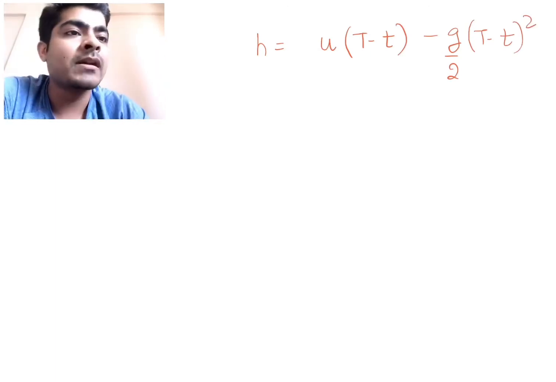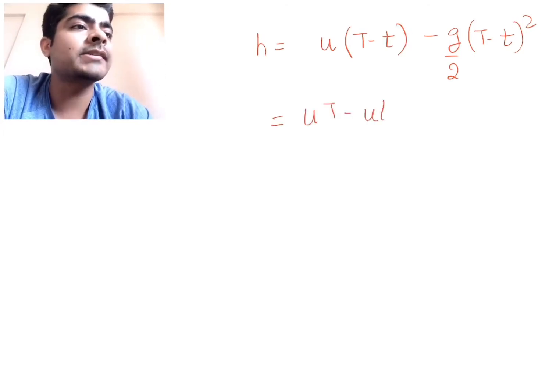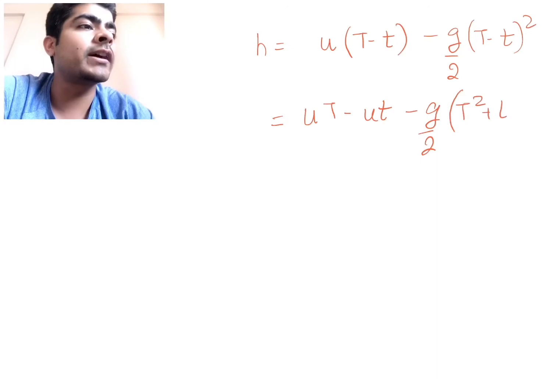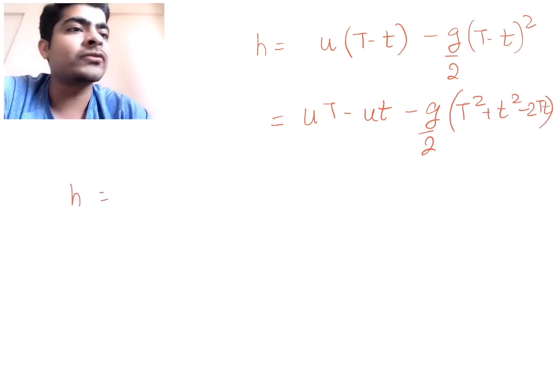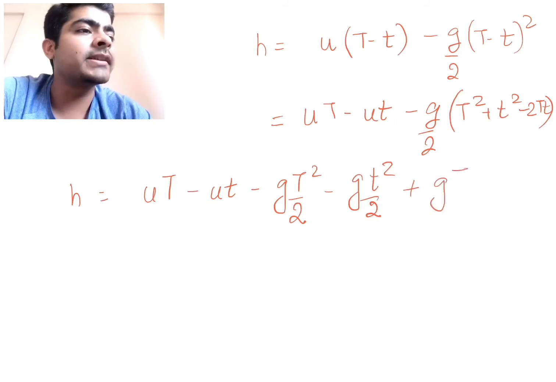So this will be equal to uT minus ut minus g by 2 times (T square plus t square minus 2Tt). So h will be equal to uT minus ut minus gT square by 2 minus g t square by 2 plus gTt.